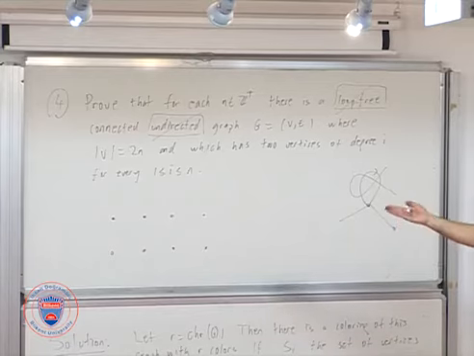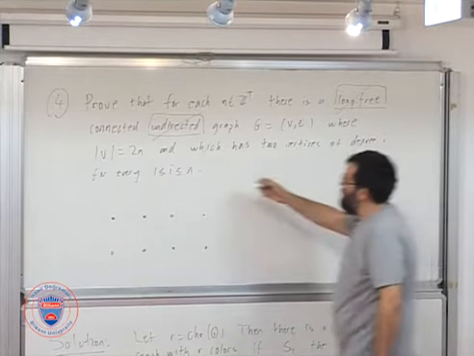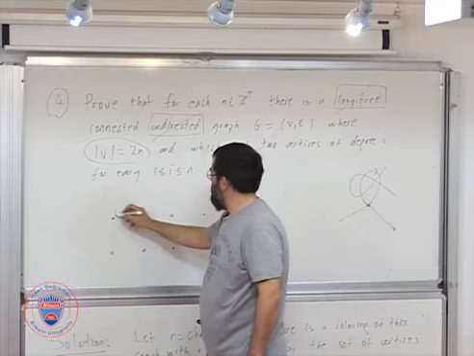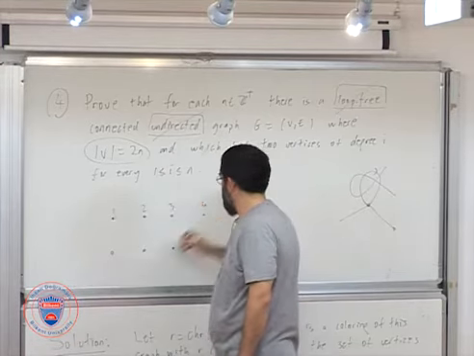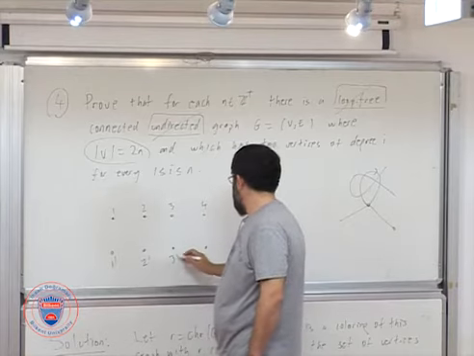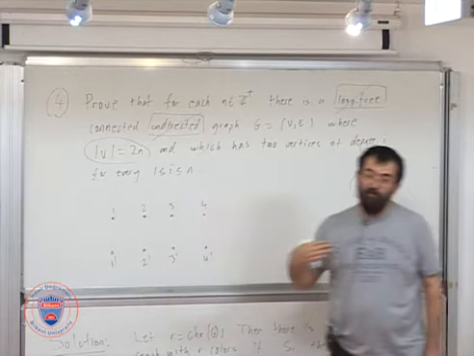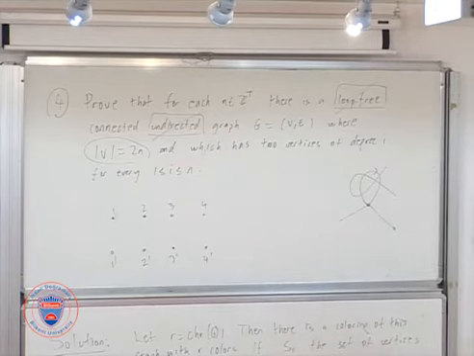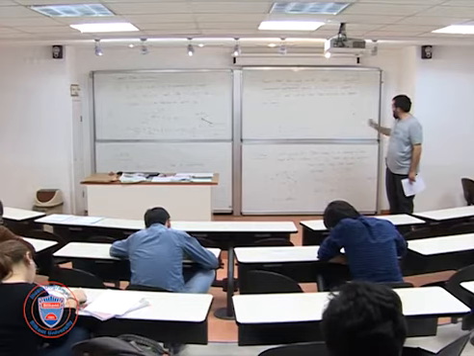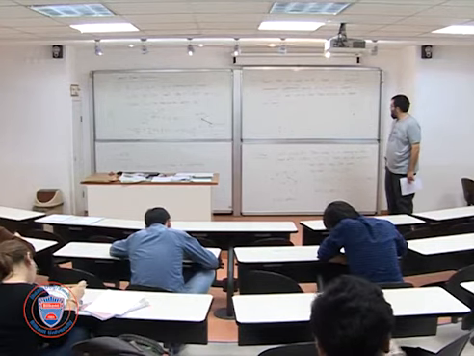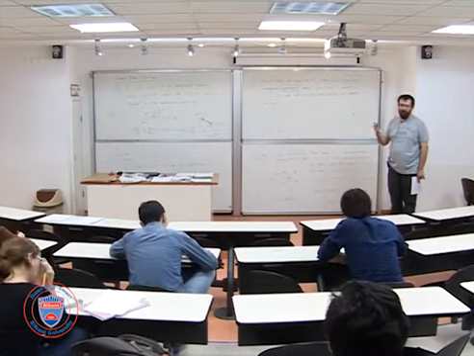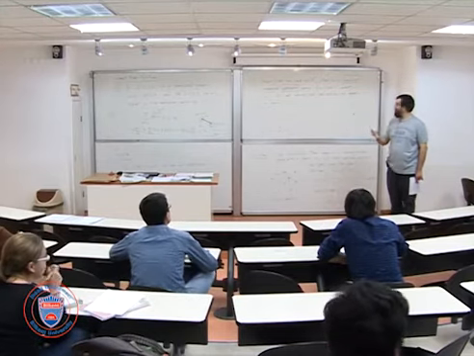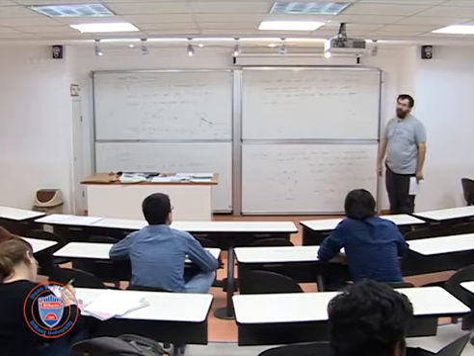The hint is, anytime you see 2n, you should think of it as having 2 sets of vertices, and you should somehow use the fact that it's twice some number. For example, for n equals 4, can you draw a graph which has 2 vertices with degree 1, 2 vertices with degree 2, 2 vertices with degree 3, and 2 vertices with degree 4?